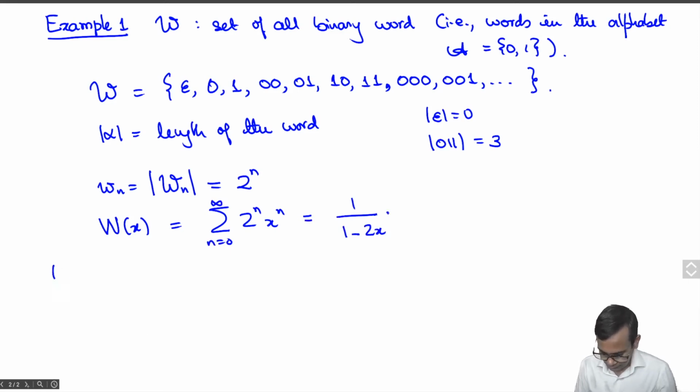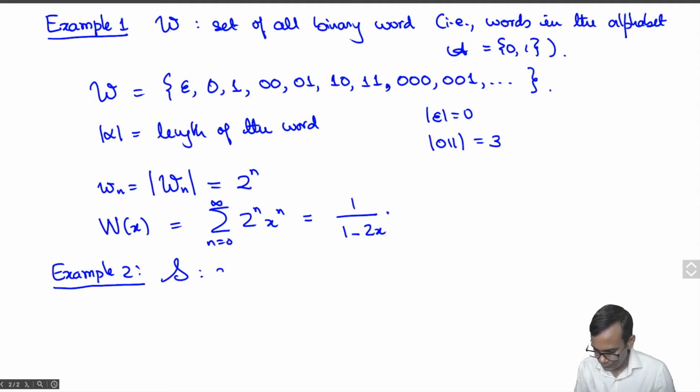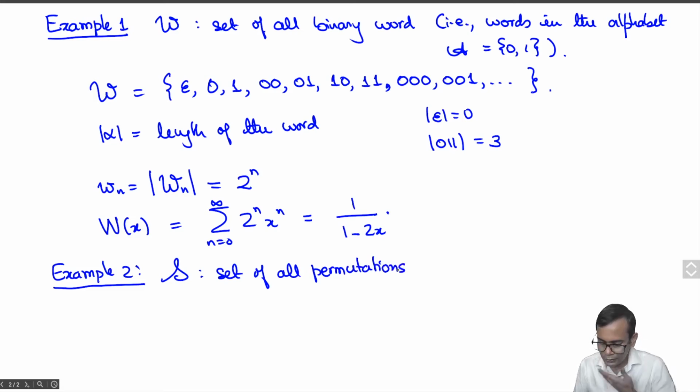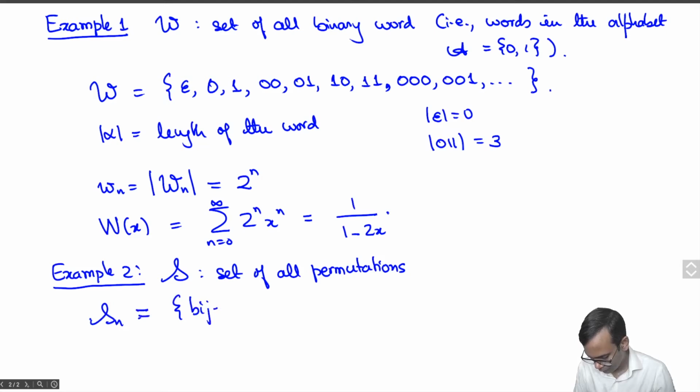Let's look at a second example. S will be the set of all permutations of size n. So a permutation of size n is just a bijection sigma from [n] to [n].